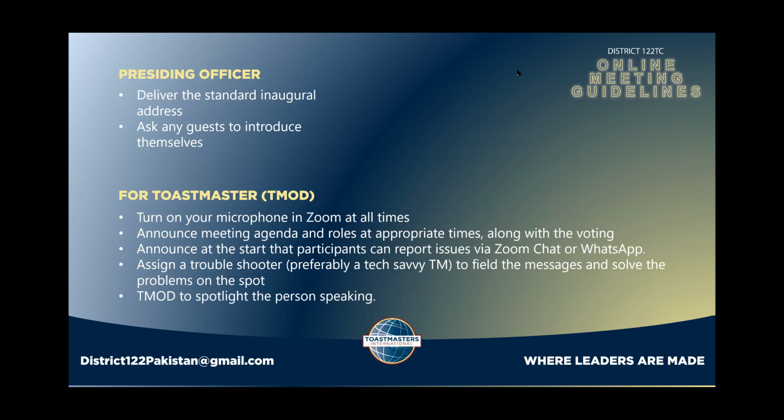The voting mechanism will have to be defined, because it can be online voting, it can be WhatsApp voting. It's your choice, but in my experience, and we already implemented that in Karachi Toastmasters Club 5 or 6 months ago, we have enabled online voting.